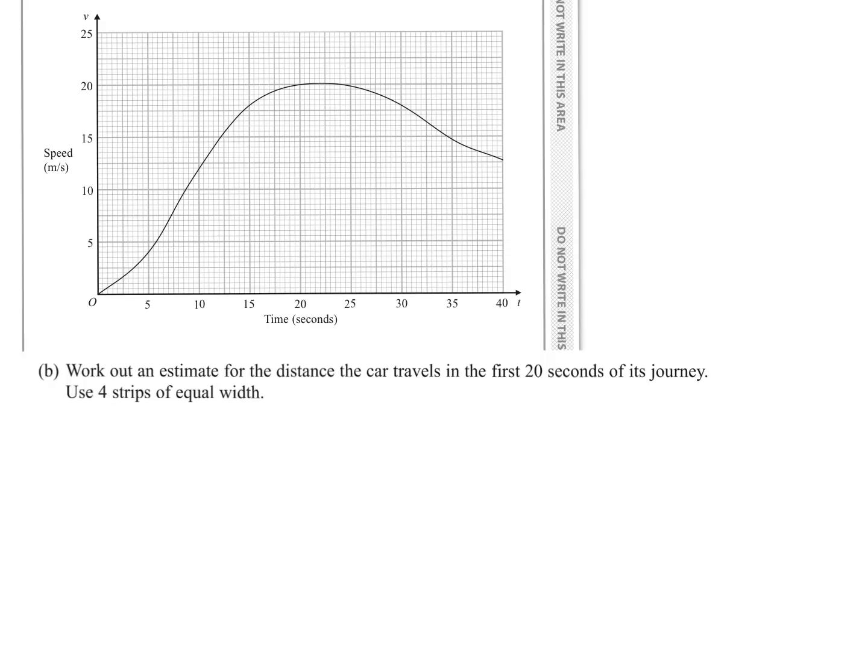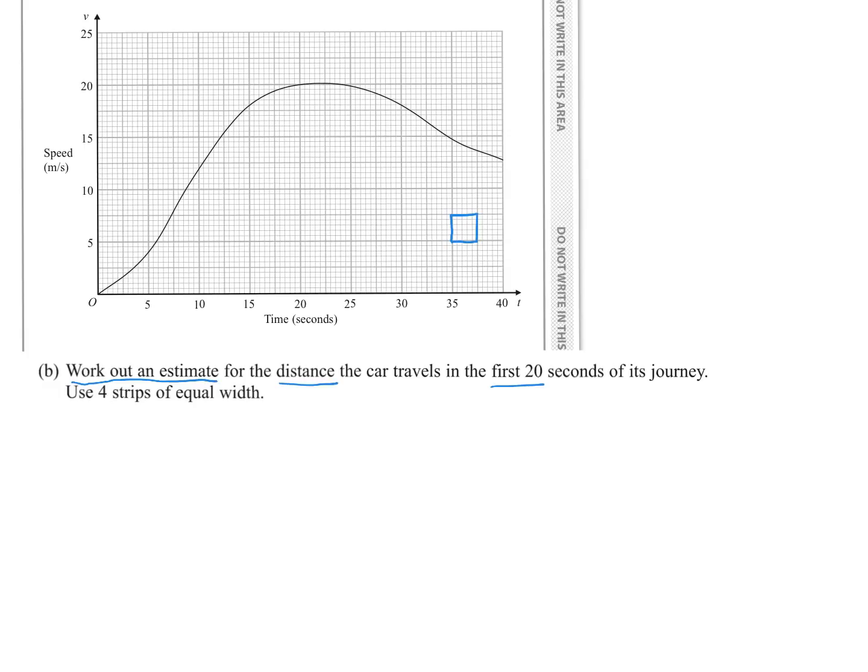The next part of the question says, work out an estimate for the distance the car travels in the first 20 seconds. Well, what does that mean? If we wanted to look at the area underneath this curve, say we took one of these boxes here, what would the area of that be?